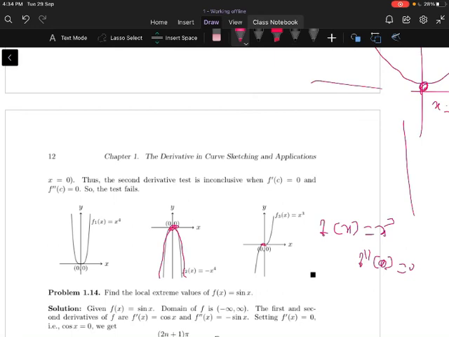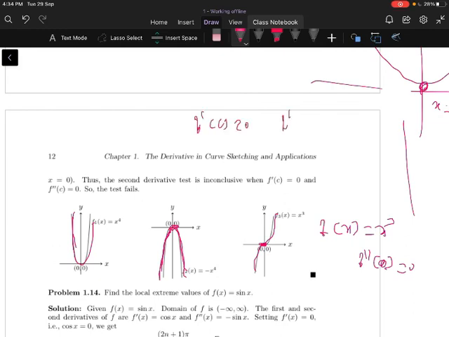So f dash of x is 0, but you cannot conclude that this function has either a local minimum or a local maximum here. In the first case, the first derivative is increasing and decreasing at this point. In another function, f dash is decreasing then increasing. But whereas here the first derivative is always increasing. So for this function we cannot conclude whether this function has either a local maximum or minimum.